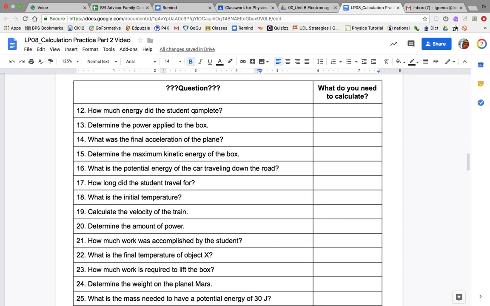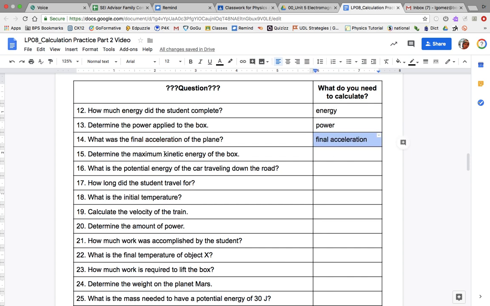How much energy did the student complete? Number 13, determine the power applied to the box. What was the final acceleration? So final acceleration.